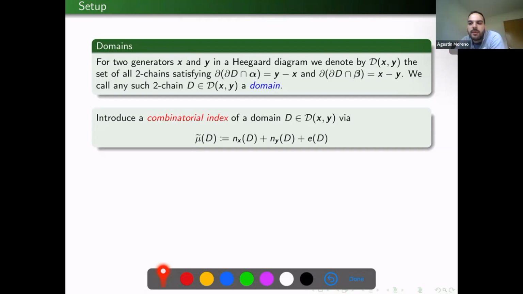Okay. So basically, this gives you a completely combinatorial description of just computing the Heegaard Floer homology. Yeah. You're just looking at the domains that you're seeing on the surface, you compute the index, and then if it's one, then you just count. Yeah. Okay.